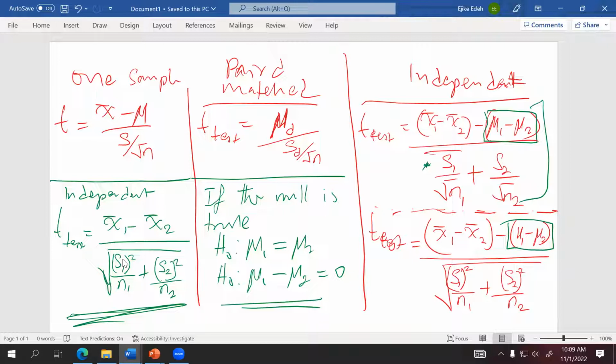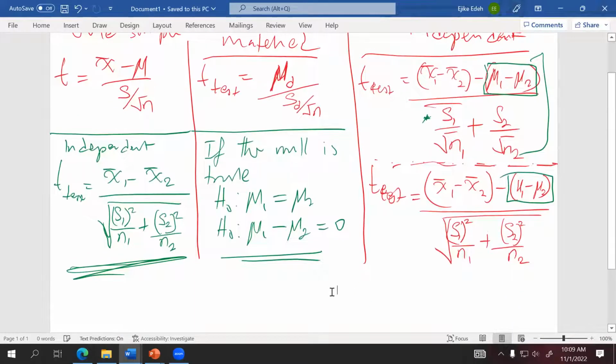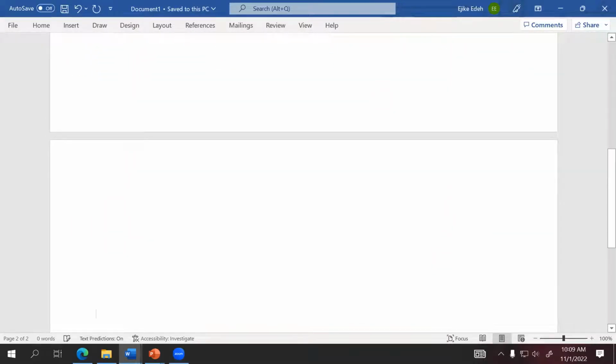Okay. But take note of the uniformity, and I will do it in one more page because I want you to have clarity on this. So that when on the assessment you get a question, nobody will tell you it's one sample or two sample. You will see that it's one sample or two sample, and you will see whether it's matched pair or independent pair. You're going to make that decision from the question, right?